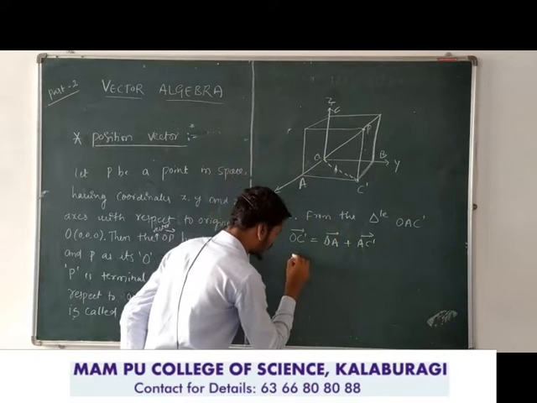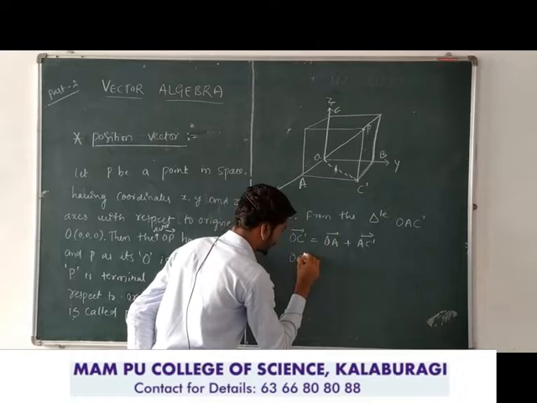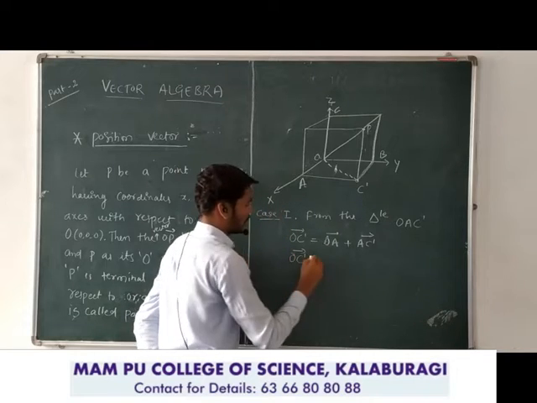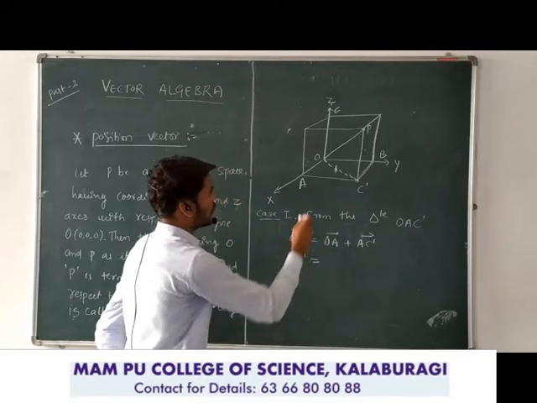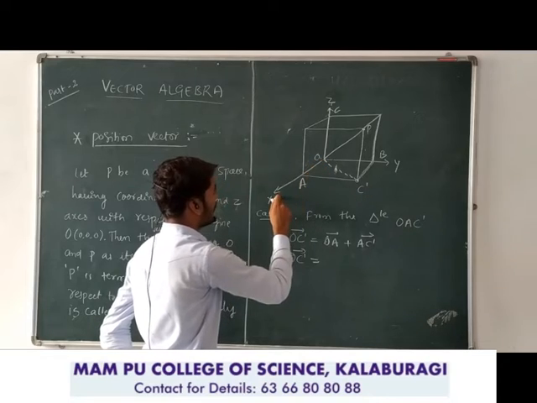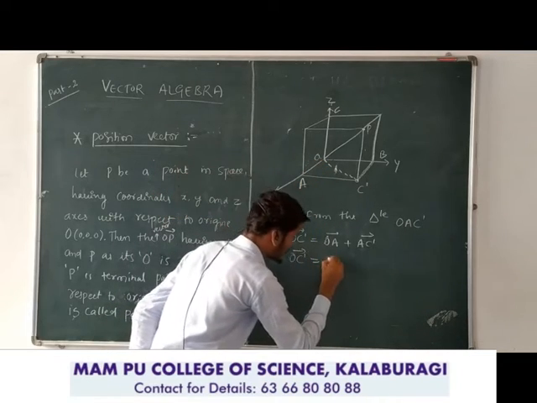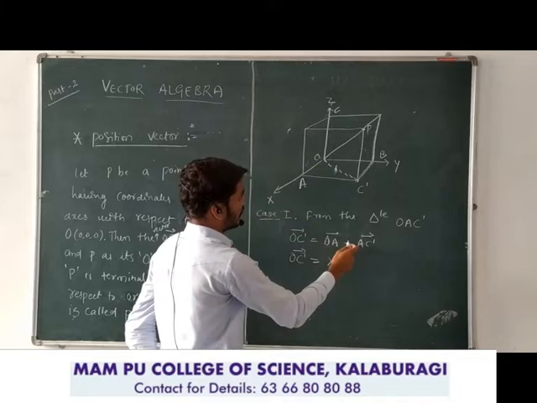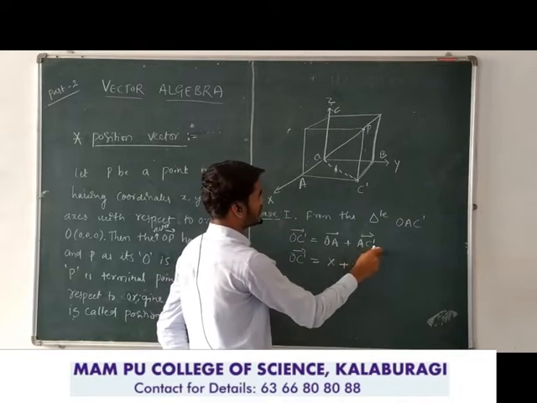Now OC dash vector is equal to, what is OA? This is the x-axis in a plane. I will take x plus AC.